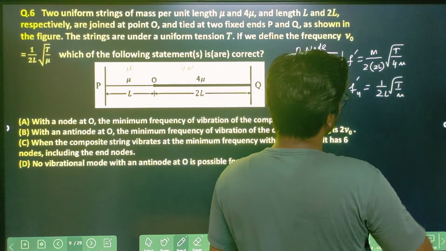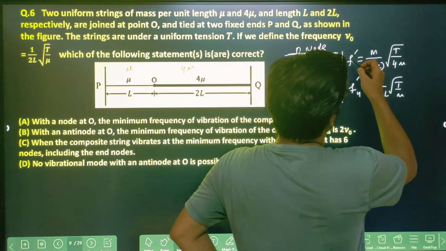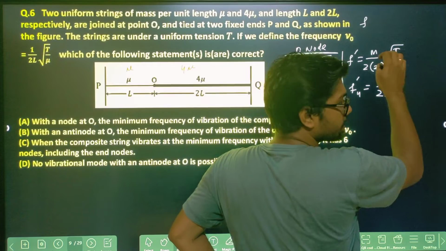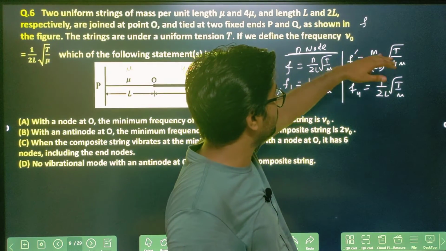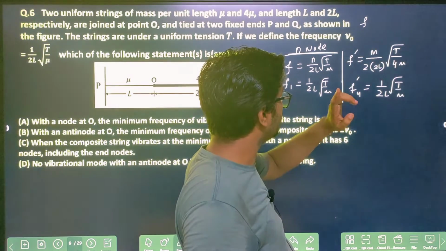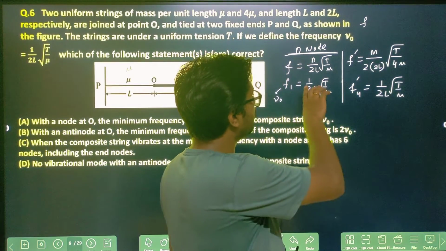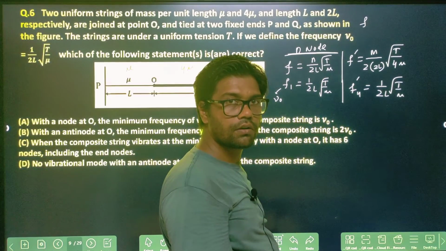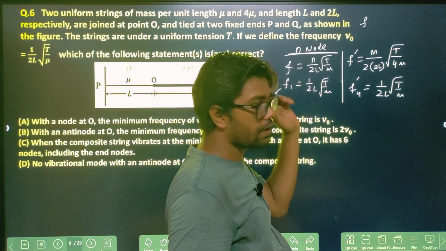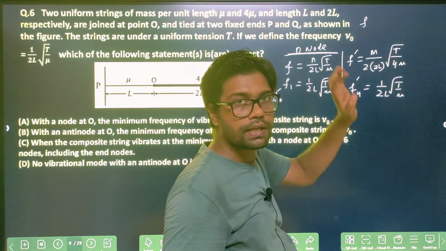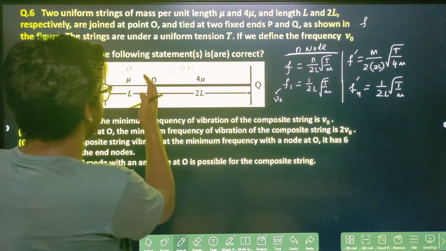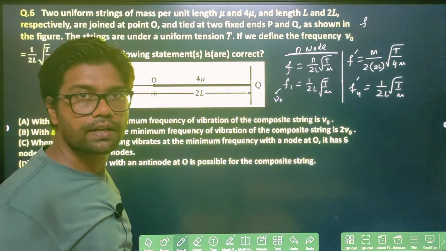Now here, if I want to write down f1 dash, f2 dash, f3 dash, for every frequency, that is m equal to 1, m equal to 2, m equal to 3, you will find that it should be less than this f1 frequency. Got it or not? If this frequency is less than f1 for m equal to 1, 2, 3, that means with m equal to 1, 2, 3, this L length string cannot vibrate, right?